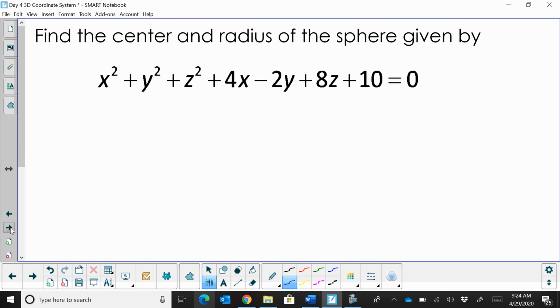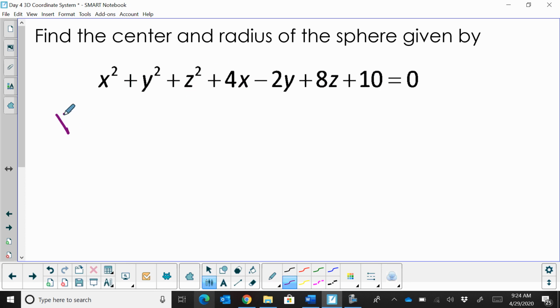Now, let's say we have a sphere, but it's not in standard form. What do we do to convert it to standard form so we can then identify the center, the radius, and then graph it? What we have to do is complete the square just like we did in conics, but we have to include a third variable z.